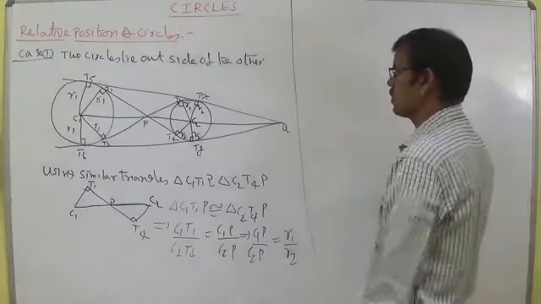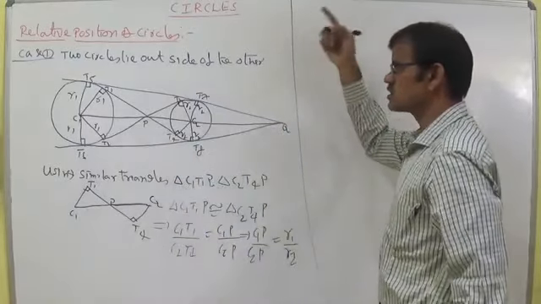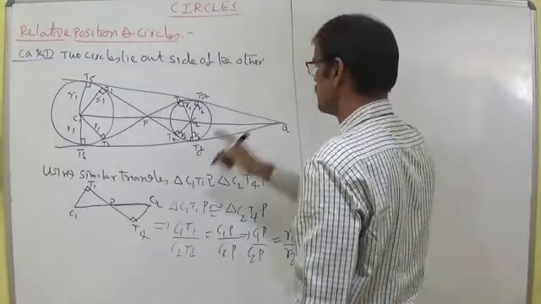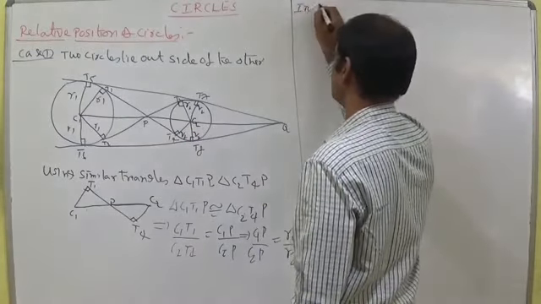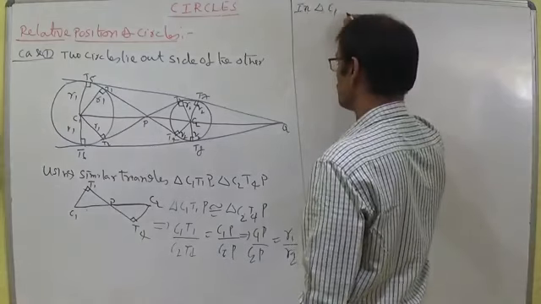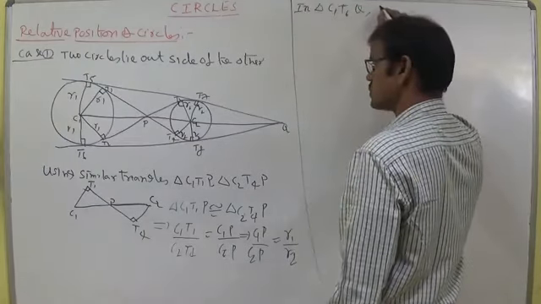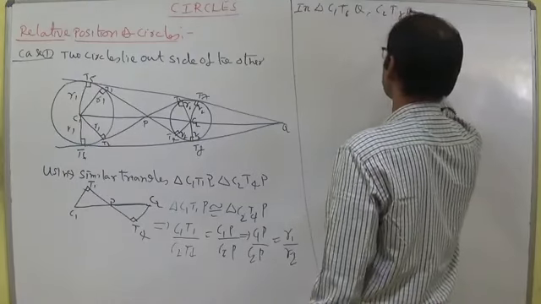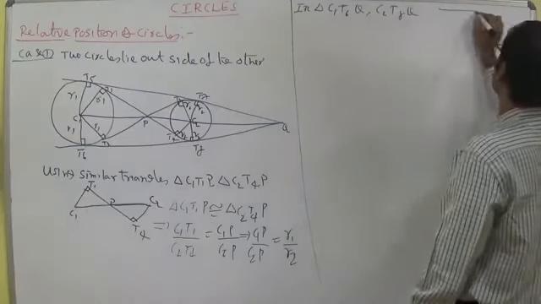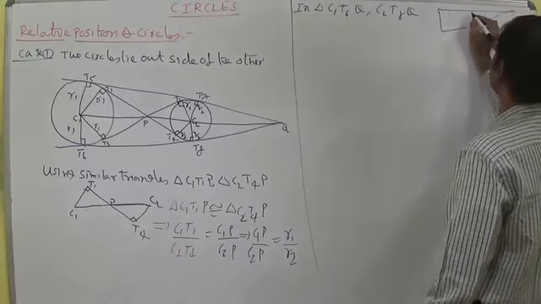In the same model, we can use this large triangle using the external tangents C1 T6 and C2 T8. Once again I am saying, in triangles C1 T6 Q and C2 T8 Q. Draw a rough diagram like this.